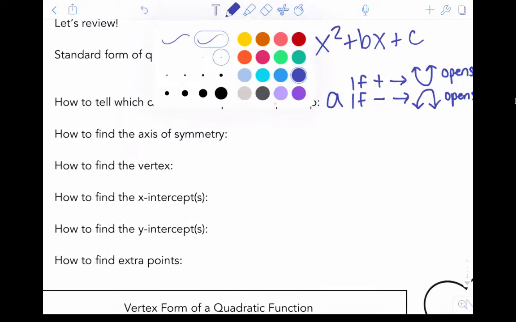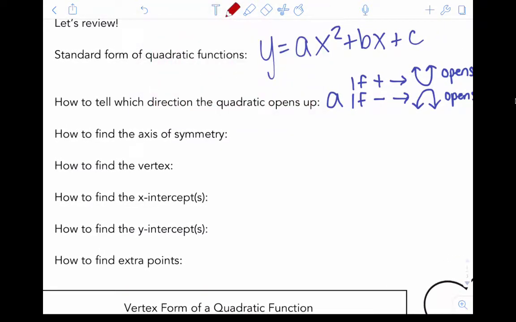Now, how to find our axis of symmetry? To find the axis of symmetry, you need to find negative b over 2a, and that's going to be your x value. And then finding your vertex. The vertex is a point, and the x value of that point is negative b over 2a. For the y value, you plug that x value in for x in the equation to find y.